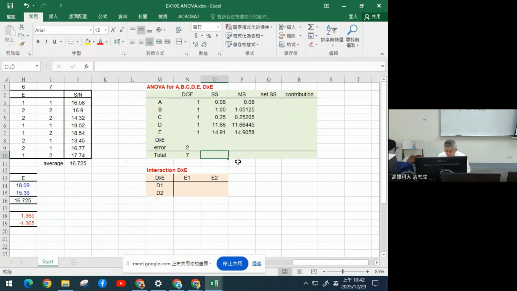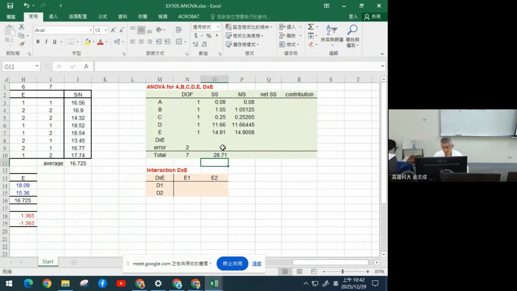Okay, let me calculate again by myself. The total sum square will be the sum square for the output minus total number, which is 8, multiplied by average square, and this will be total sum square.